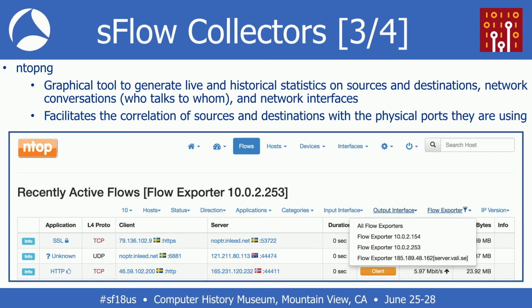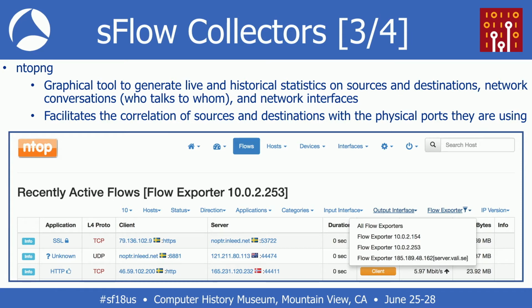Another collector that you can use is known as NTOPNG. We are actually the developer of this one. Basically, it simplifies the association between the sources of traffic and the physical interfaces that are used by the sources of traffic.